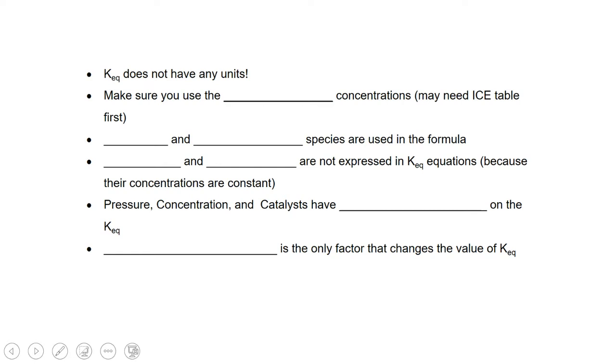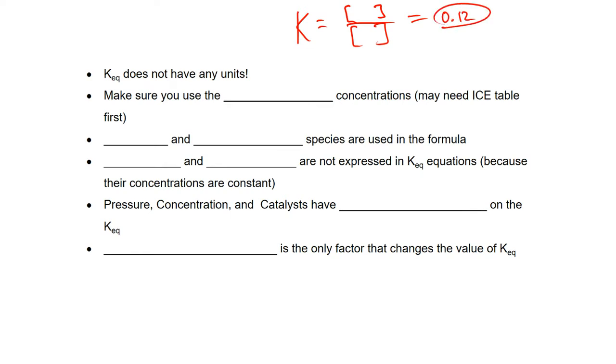A few things before we stop about KEQ. Please note that KEQ has no units. It's just a constant value. So even though we're dividing concentrations by concentrations, and you might later on when we do some calculations see things not cancel out perfectly, they have no units, just a value, a number. So you're going to get things like 0.12, and that's it, just as an example.